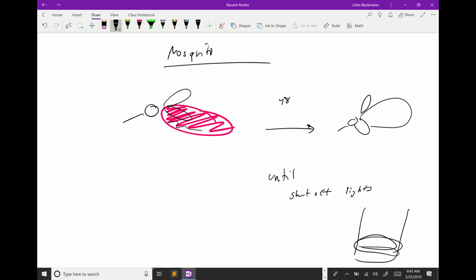So if this is a cup full of water, Aedes aegypti likes to lay its eggs right on the surface of water. So you give it a little cup full of water with a little piece of paper, you shut off the lights, that female will then start laying eggs and she fertilizes them as she's laying them. So she takes an egg, she gives it some sperm. She already mated, so she's got a little organ in there called the spermatheca, which holds sperm.